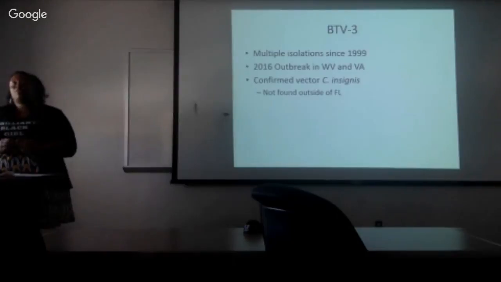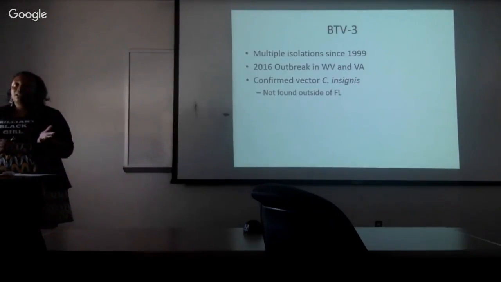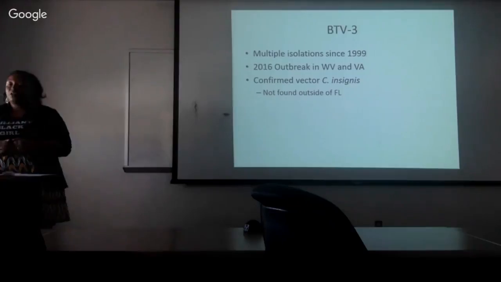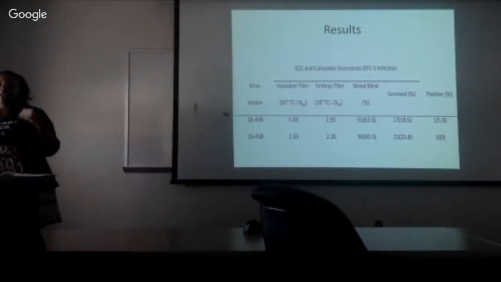This was the first time that BTV3 was designated the cause of death in deer in the U.S. Historically, the confirmed vector for BTV3 is Culicoides insignis, but it's only found in the Caribbean and in parts of Florida. So we're unsure what the vector would be in Virginia or West Virginia in order to be transmitting the virus. And so we thought that this might be a good system to investigate that.